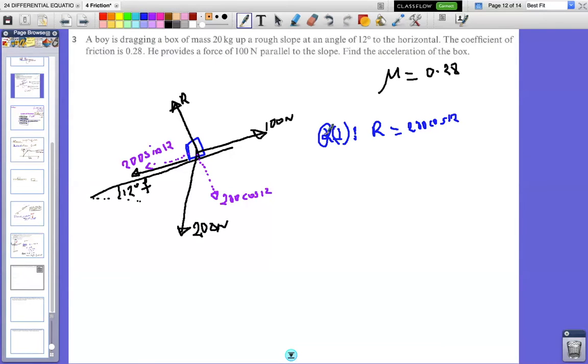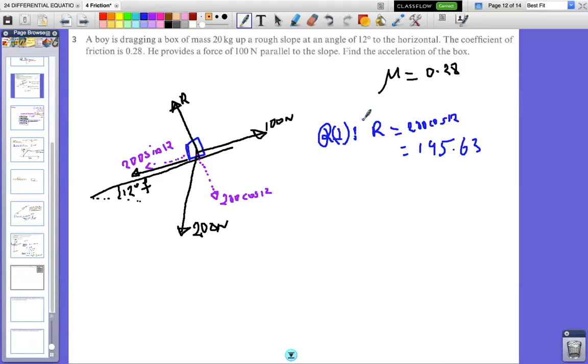You can calculate the value of 200 cos 12. 200 cos 12 gives me 195.63.